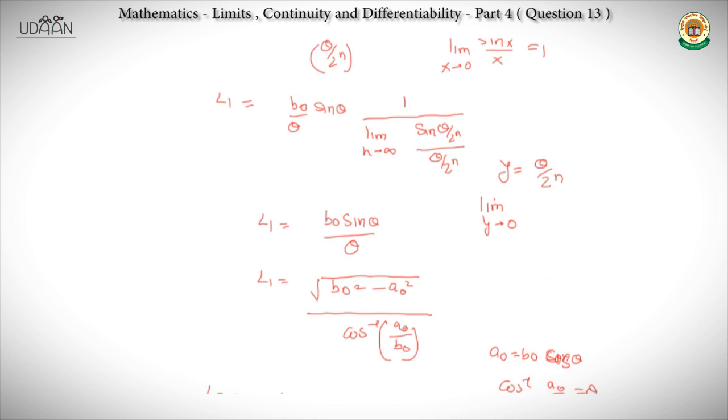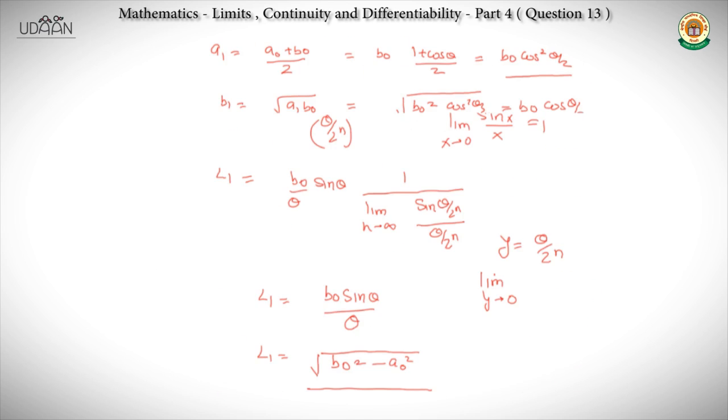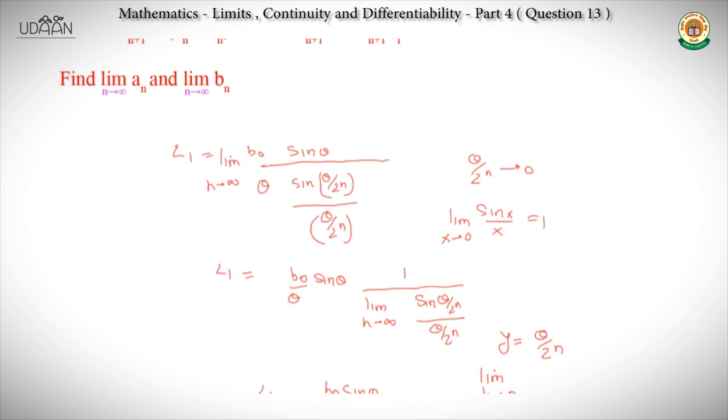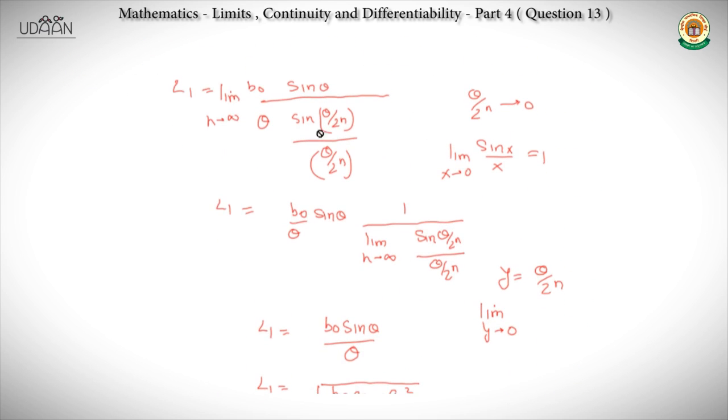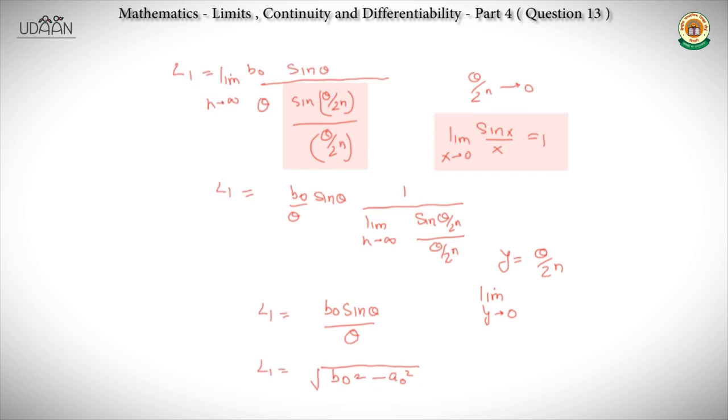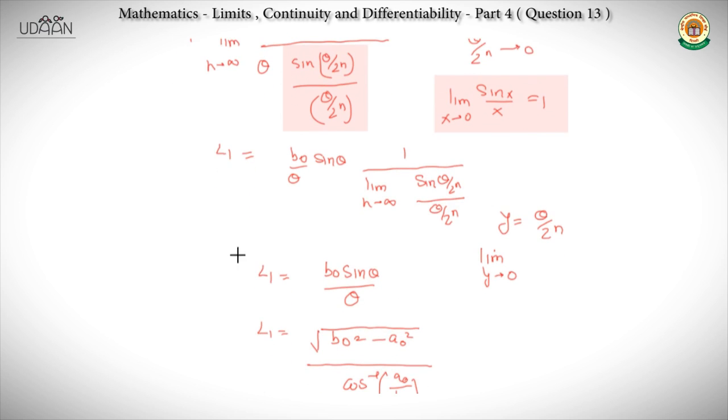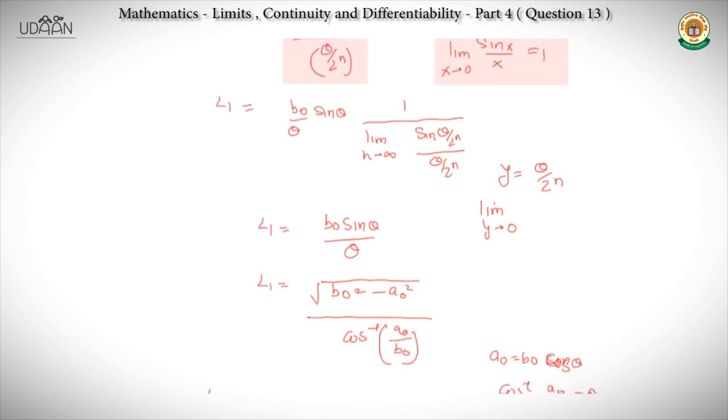So let's go to the next page. There we found that we could get the expression in the form of the limit of sin x by x, because we know that it's equal to 1. So we put that inside, and got L1 as b naught sin theta by theta.